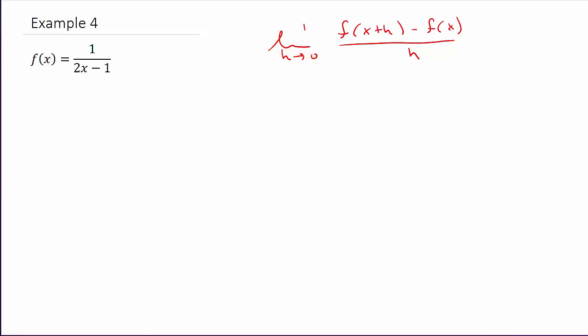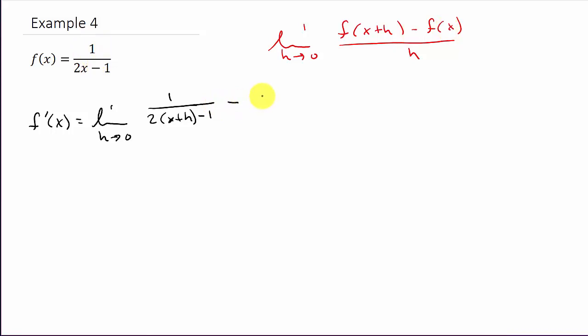Alright, so let's calculate it. We get f prime of x is equal to the limit as h goes to 0. We need f of x plus h, so I'm going to put x plus h in the place of x. That gives me 1 over 2 times x plus h minus 1, minus f of x.